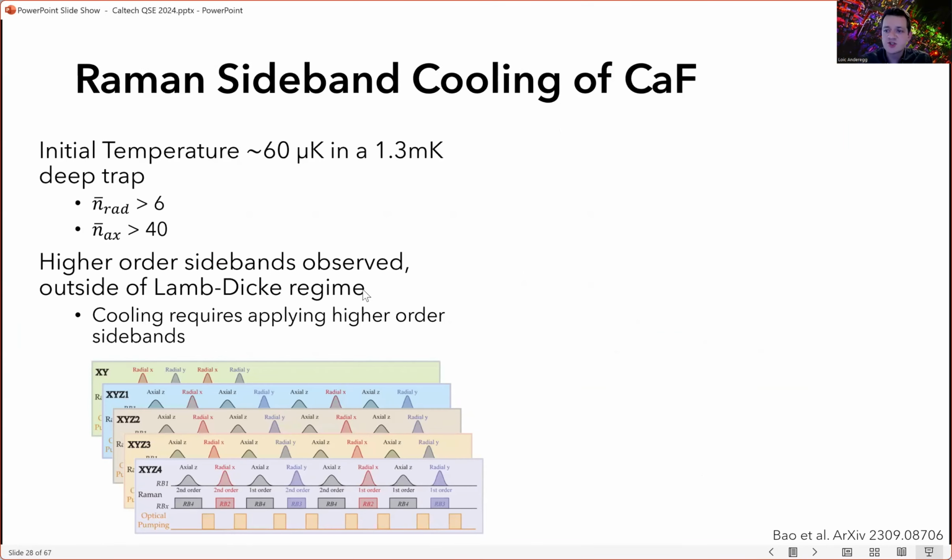There are some additional complications, which is the fact that we're actually so hot that we occupy many, many modes. Just to give you some sense, axially, we occupy over 40 modes within these tweezer traps. This means we're well outside what's known as the Lamb-Dicke regime, which means we need to start applying higher order cooling pulses as we cool them down to make sure that we really transfer all the population down to the ground state.